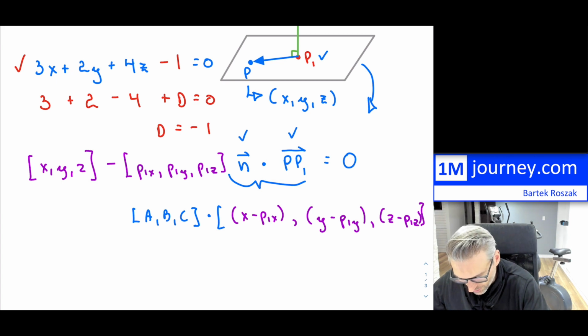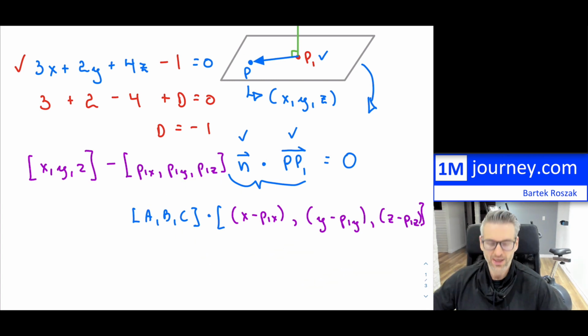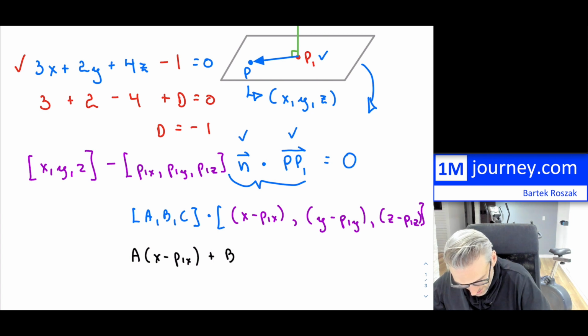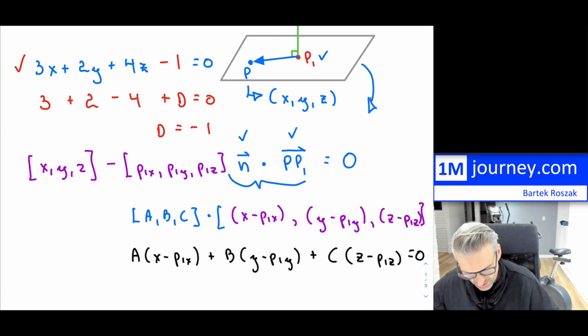If I distribute this across, because I'm working with the dot product all the way through, one by one by one, then I'm going to have a nice equation where it's A multiplied by X minus P1X, plus my B, which is Y minus P1Y, and then plus my C, which is multiplied by Z minus P1Z, and this whole thing is supposed to be equal to 0.